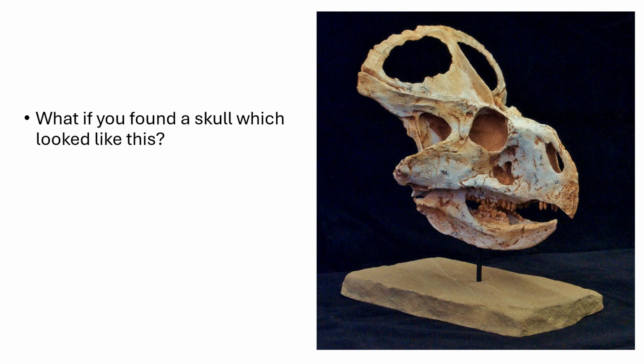And it's possible that the stories of the griffin came from finding skulls which looked like this. And we can see that it has what appears to be like a beak, but it's actually got teeth in here. We can see a crest behind the head.